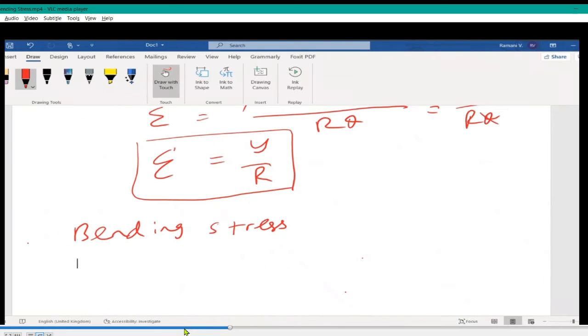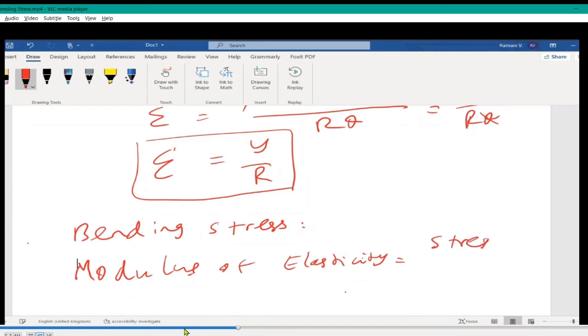Let's find out the bending stress. What is the formula relating bending stress and strain? We got stress. Can we relate by modulus of elasticity? Remember, what is the modulus of elasticity? The ratio between stress and strain is given by a number.